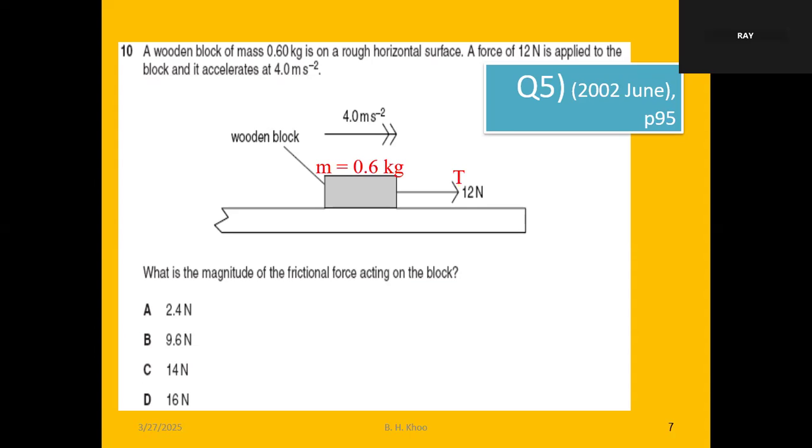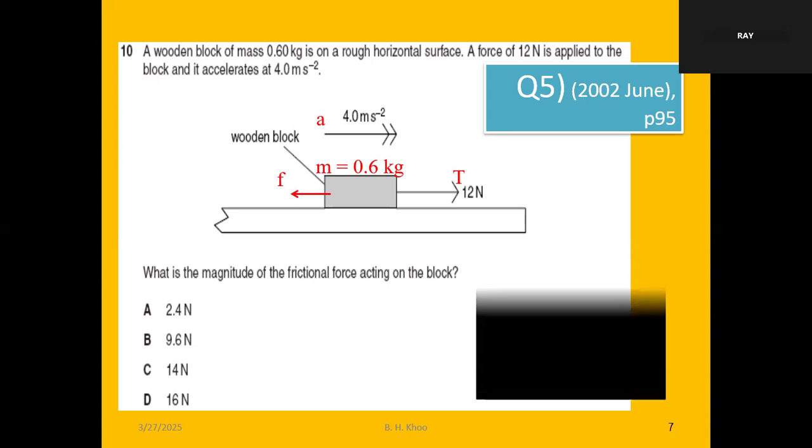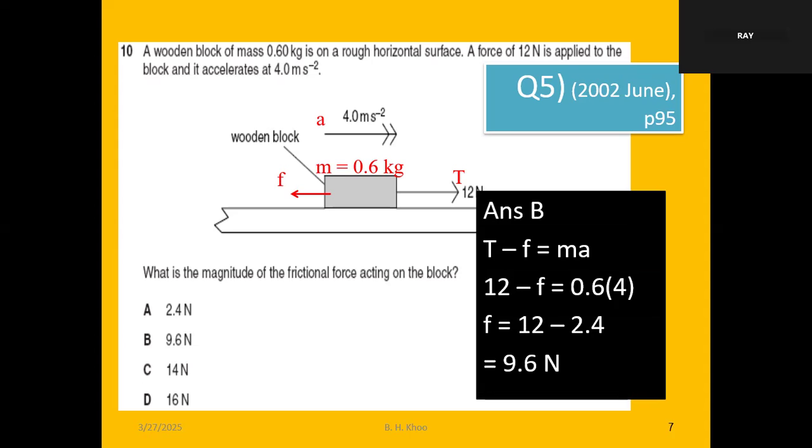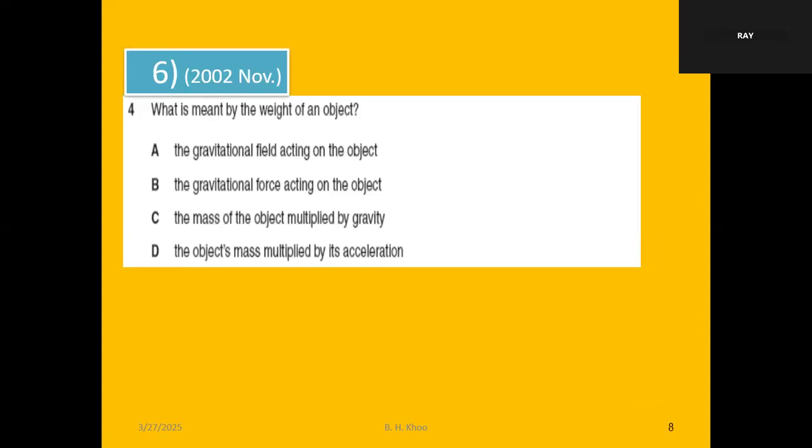E is a thrust. Mass is given. Acceleration is given. Friction is not given. So using Newton's second law, E minus F equals ma. Put in what is given. Calculate it out. E is thrust, or applied force. Okay now. Yeah, okay.